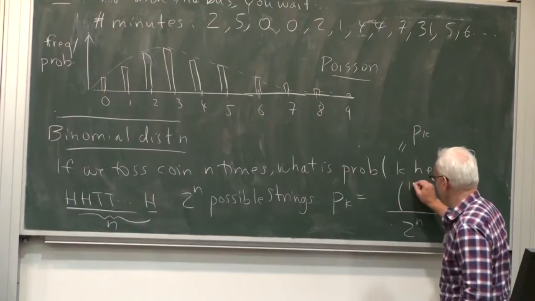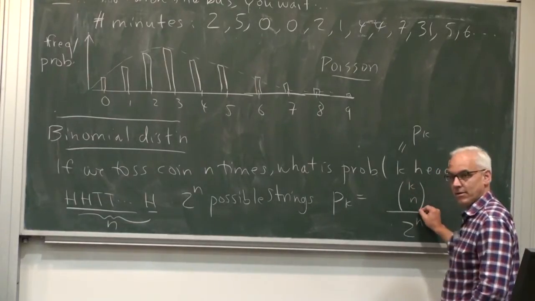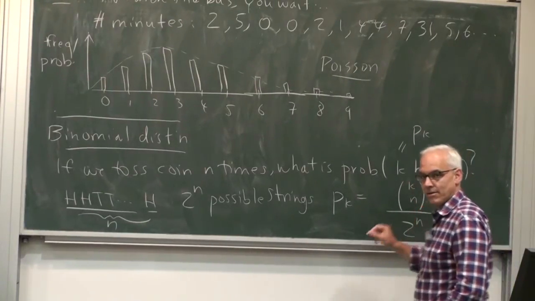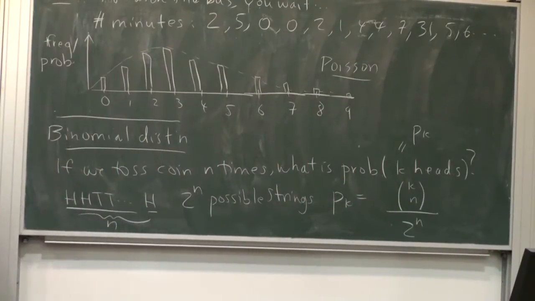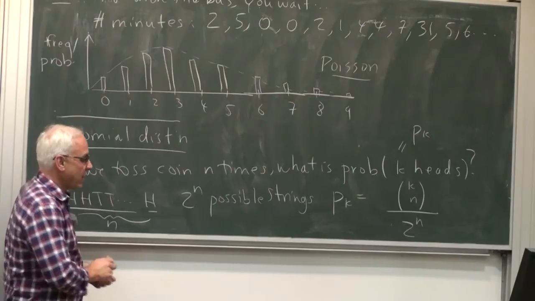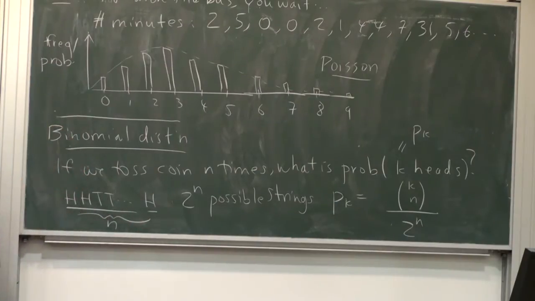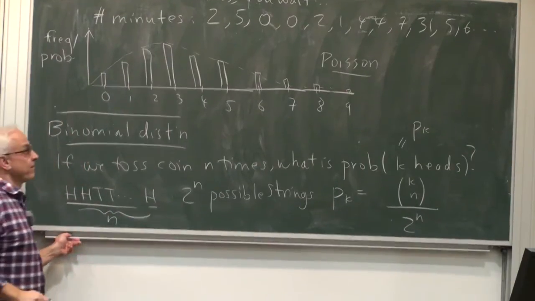So it's k choose n. That's the number of strings that have exactly k heads, because you can put the k heads in any one of k choose n places. So this actually defines a probability distribution.